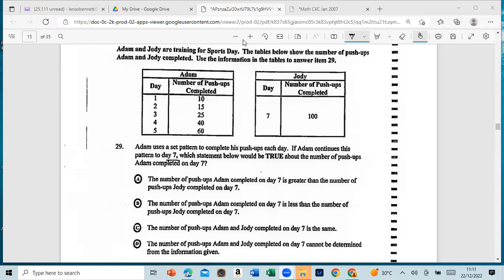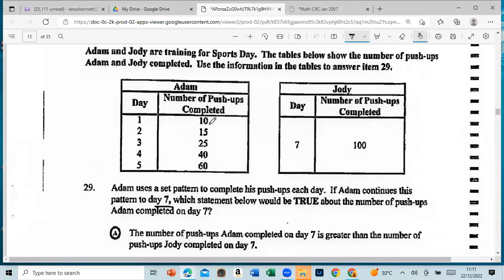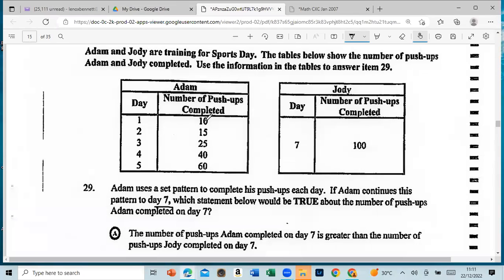So guys, the first task is to inspect the numbers. We have 10. How did we get to 15? 10 plus 5. We added 5 first, right? Now we're at 15. How did we get to 25? Add 10: 15 plus 10 gives 25. But how did they get to 40? 25 plus 15. They added 15.